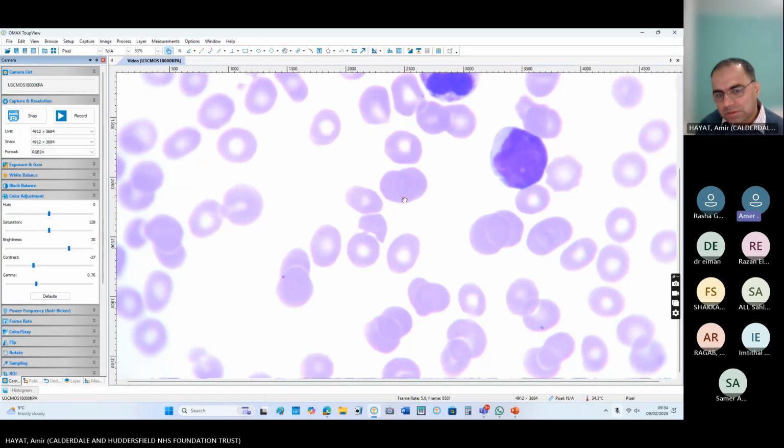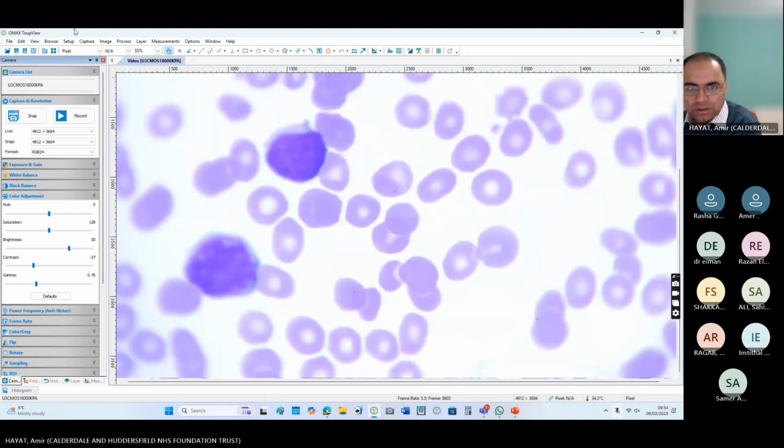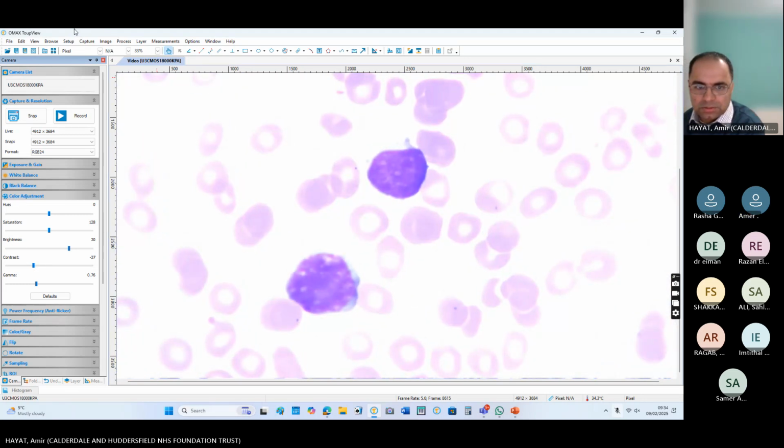So this is the nucleoli present in this cell, and this one as well. This has a lot of nucleoli, and this one has many as well. Cytoplasm is very scanty.